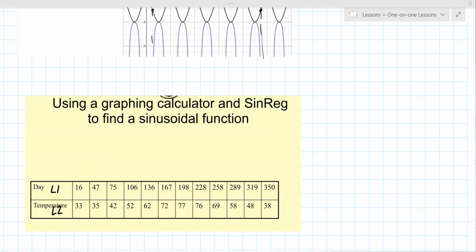Is it in stats? Let me look for it. Stat button. I found it. So you have to put your data in, and then you do it that way.